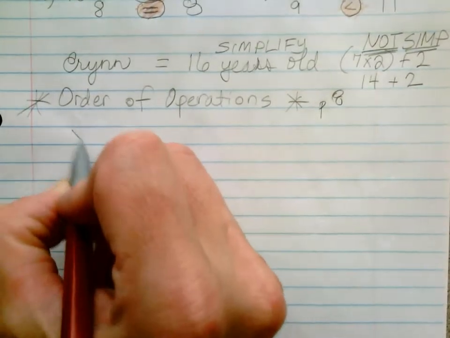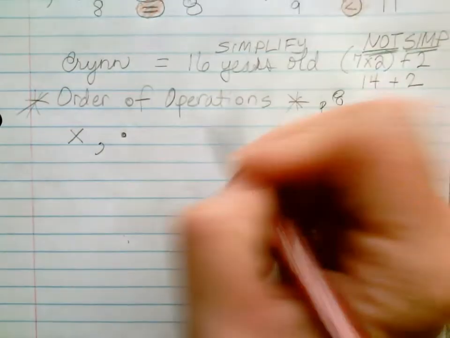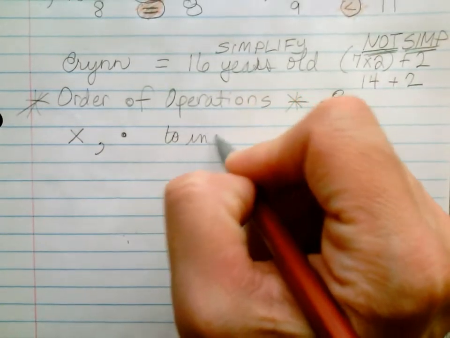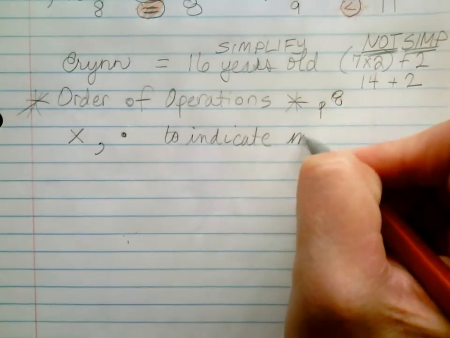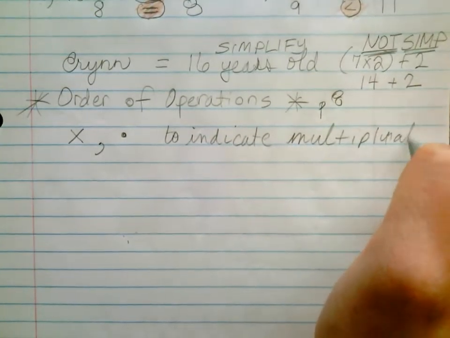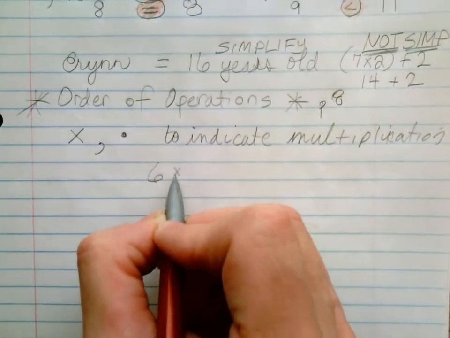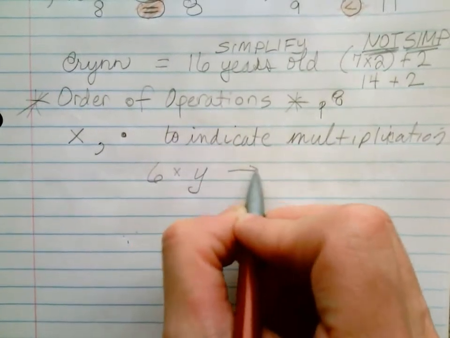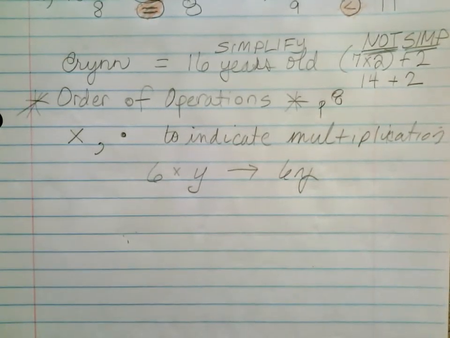Another item of note, you're not going to see this or this very often to indicate multiplication. You're not going to see that so much anymore. Okay, so instead of me writing 6 times y, you'll see me write 6y, which means multiply.